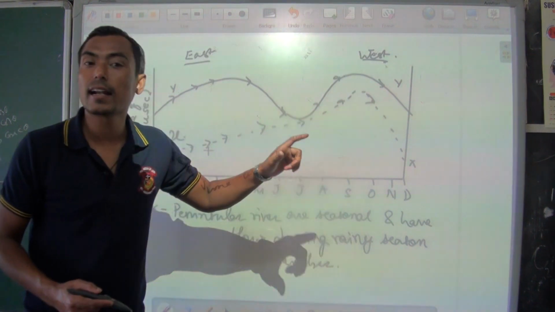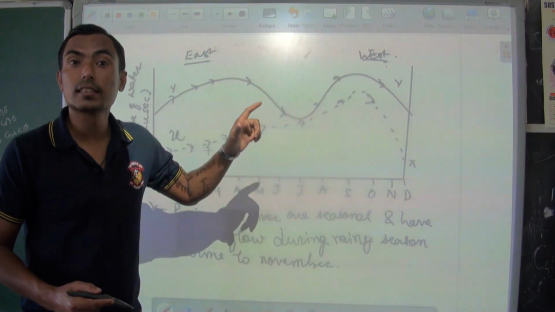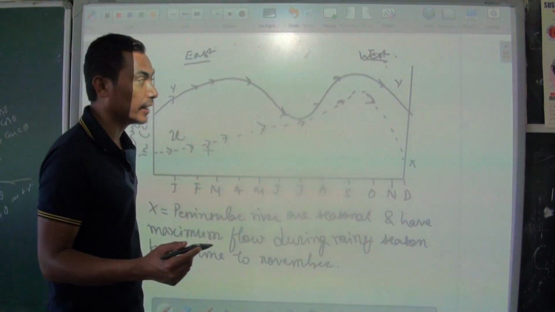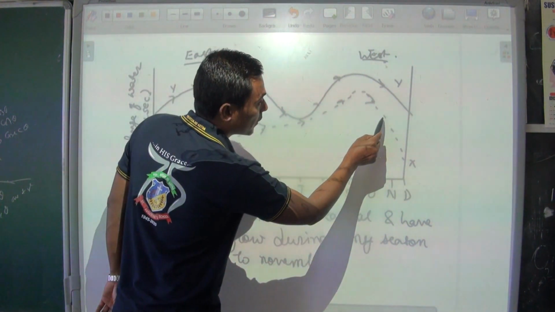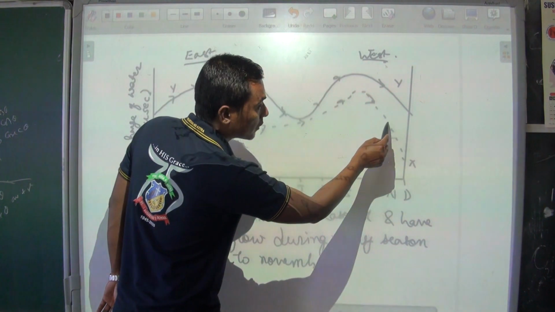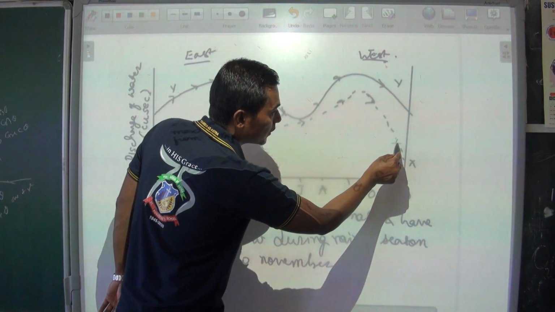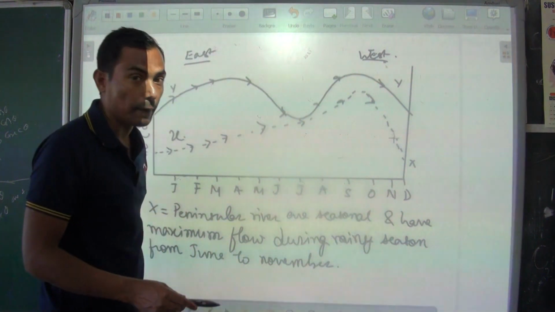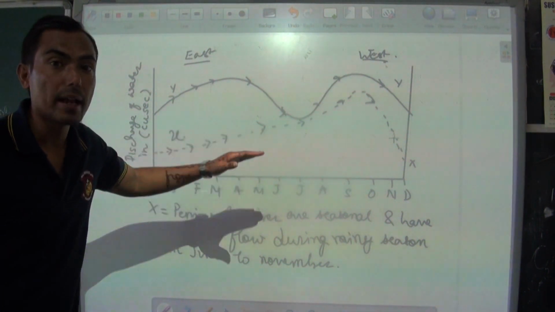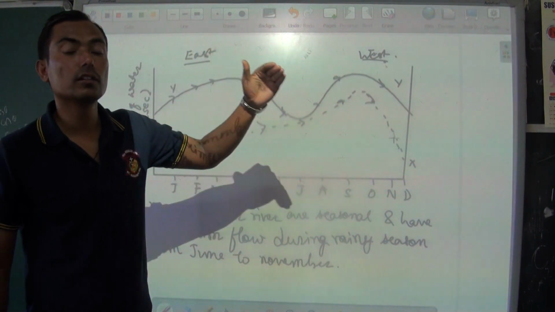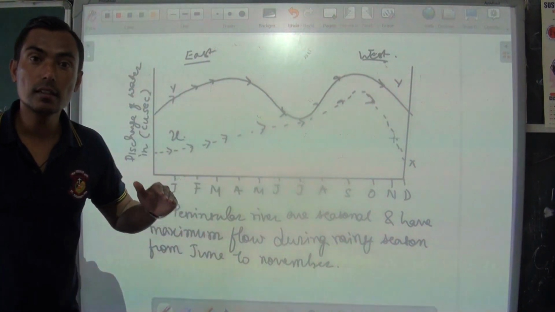It indicates that the volume of water is higher during the rainy season till the month of November. But as soon as November ends, the volume of water starts decreasing. Clear? So this graph is a comparison between the northern rivers and the southern rivers.